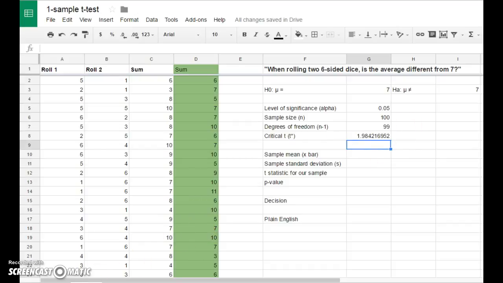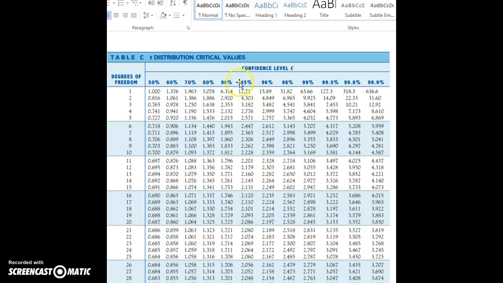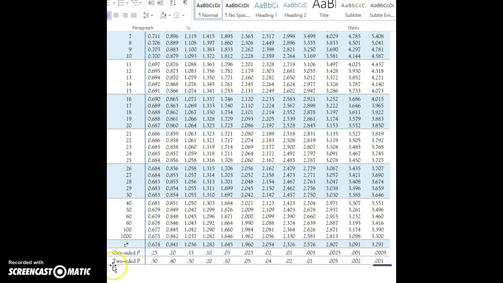So 1.98. Notice here with a two-tail, two-sided p of 0.05, I'm in this column right here to find my t star, and my sample size is 99. You can see that's just about 100. Sorry, my sample size is 100.